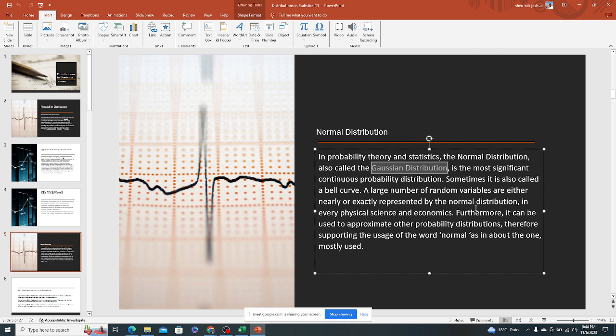Furthermore, it can be used to approximate other probability distributions, therefore supporting the usage of the word normal, as the one mostly used.